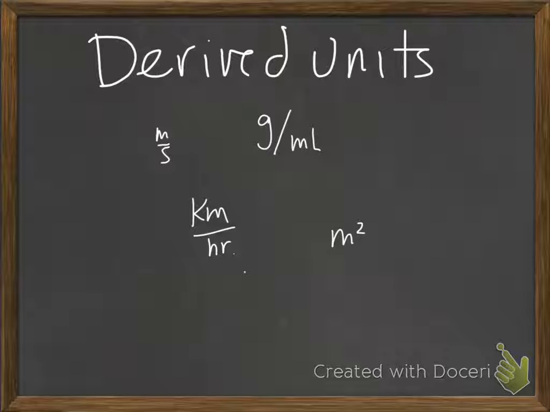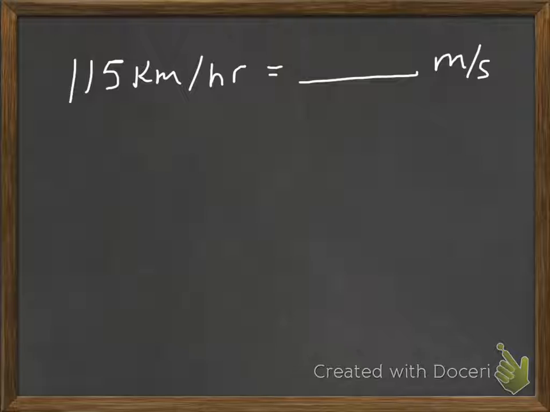Why are these conversions harder? Well, they're a little bit harder because you've got something on the top and the bottom of that factor label line. This is one that we very commonly run across in physics because we're very often dealing with the velocity of objects.